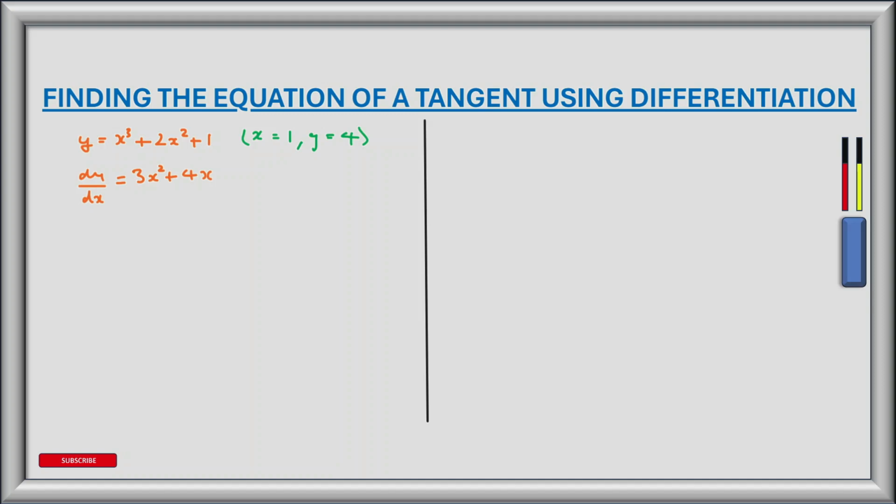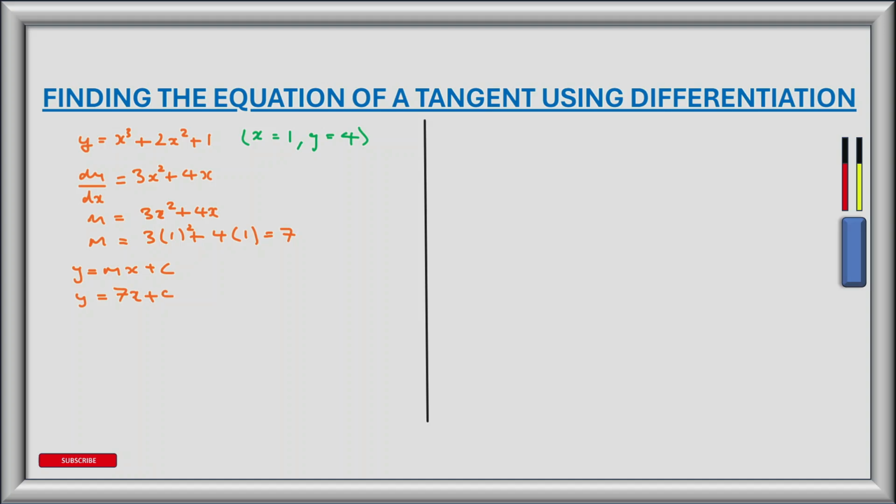Therefore our gradient m is equal to 3x squared plus 4x. At x equals 1, the gradient m is 3 times 1 squared plus 4 times 1, which equals 7.